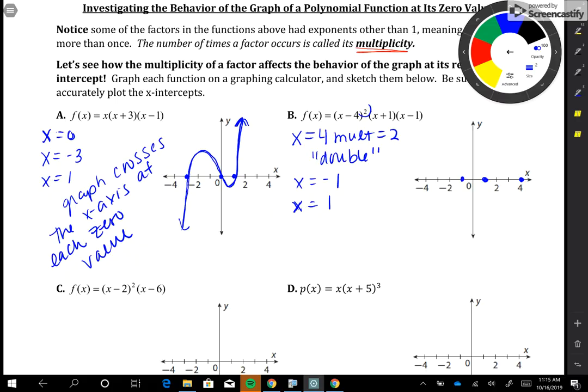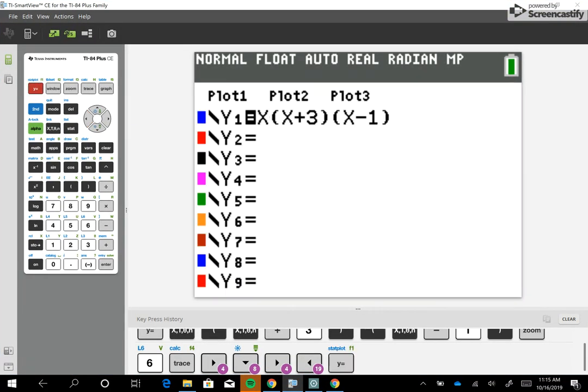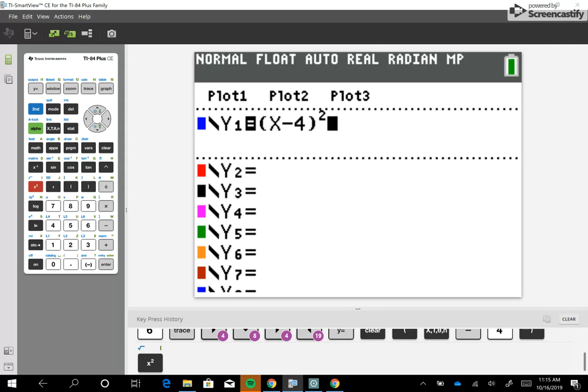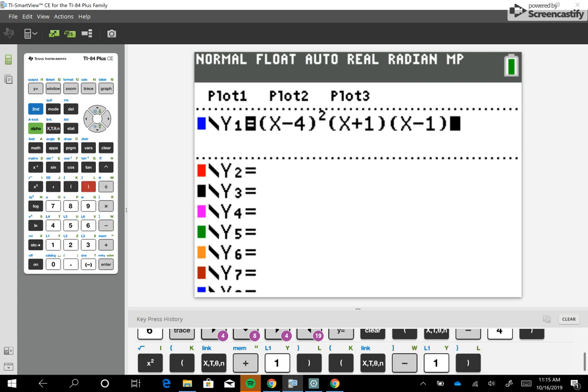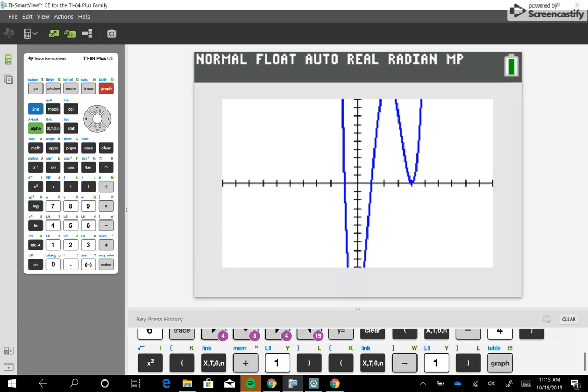Okay, back to my calculator. Go to my y equals and clear out my y1, and I'm going to type the quantity x minus 4 quantity squared times x plus 1 times x minus 1, and graph. Woo! That looks crazy. But the big thing is I can see what's happening at my x values.